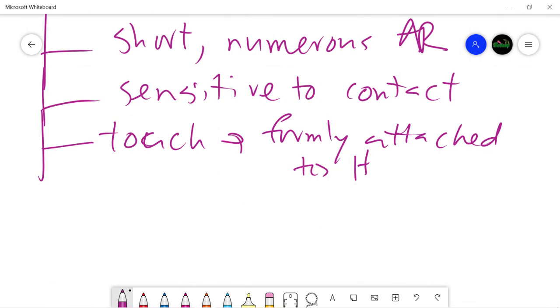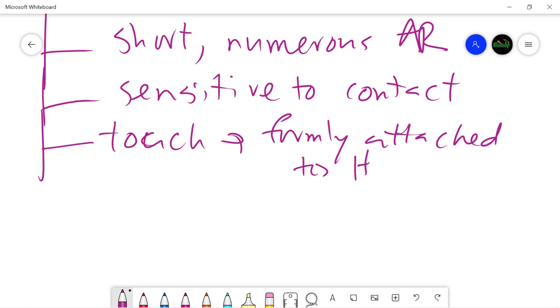So the main stem, which is climbing upwards, frequently produces at regular intervals these short, numerous adventitious roots, and since they are very sensitive to touch, whatever they touch or come in contact with, they get firmly attached to that support, and in this way the plant climbs upwards.